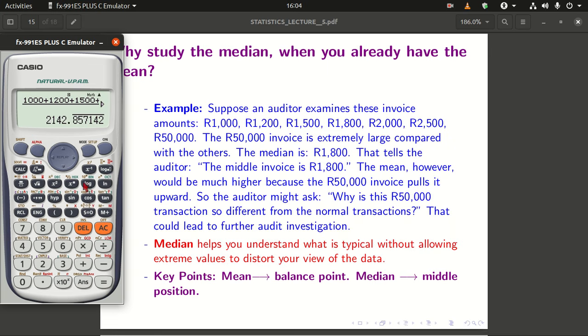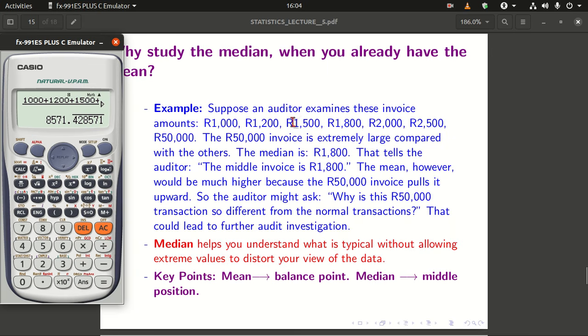Now take a look. What are we actually doing here? No, this is not 5,000. It's supposed to be 50,000. Yeah. Now we have 8,571. I want you to take a look at this. Is 8,571 closer to 1,000? No. 2,000?